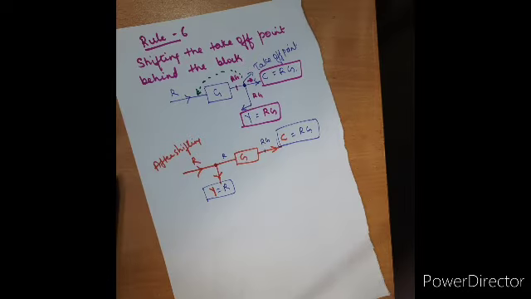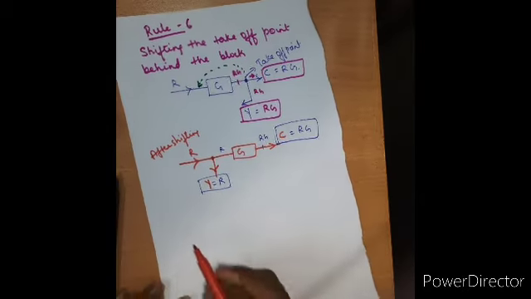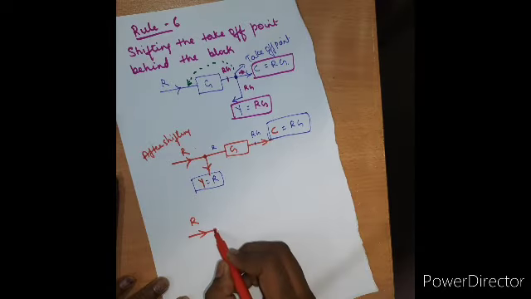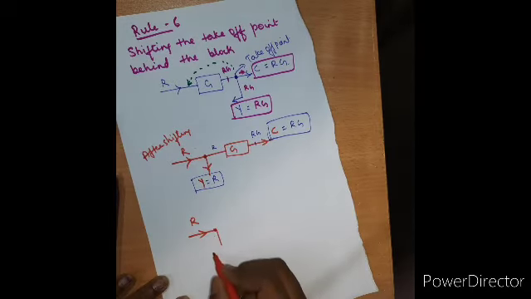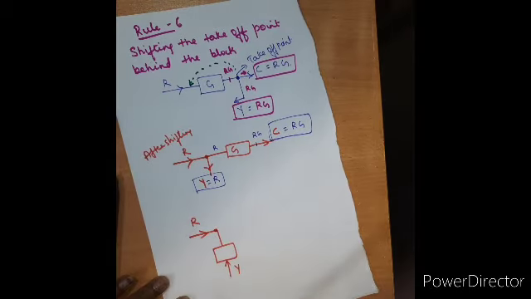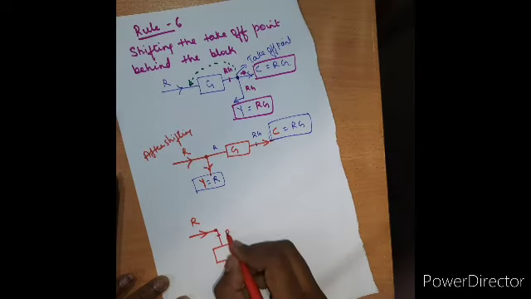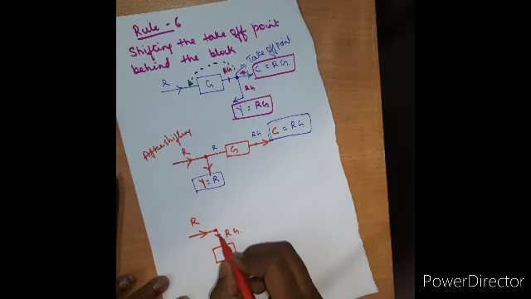Now what we have to do is, I'm going to have a takeoff point here. To this takeoff point, I know it is Y here. Now I should get R into G as my output here.